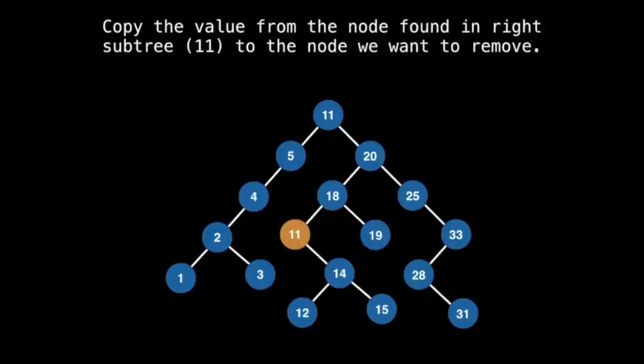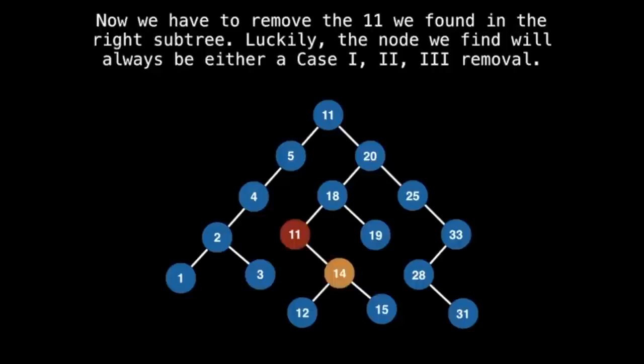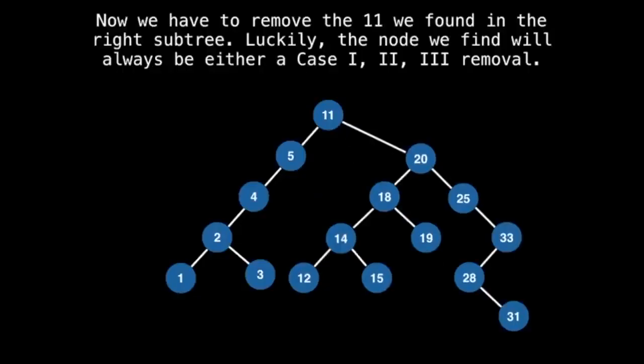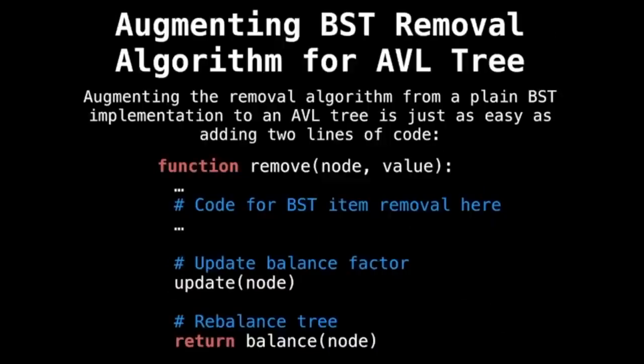So to remove 11, we notice that it only has a right subtree, so its successor is its immediate right child. So we stage the removal and get ready to remove 11. Then we remove 11 and then hook 14 back up to 18. And if we rebalance the tree, then we can see that the duplicate 11 value is gone.